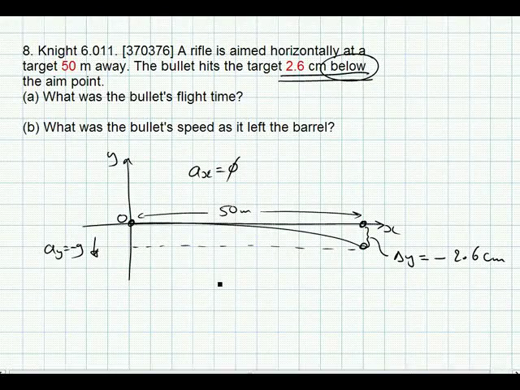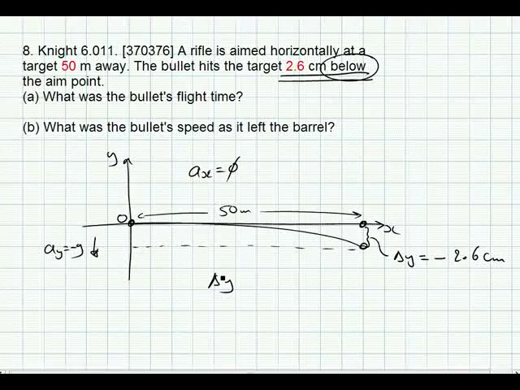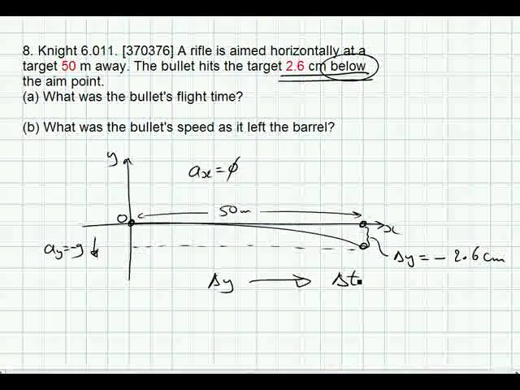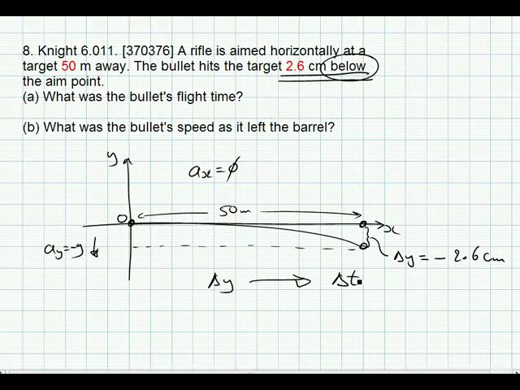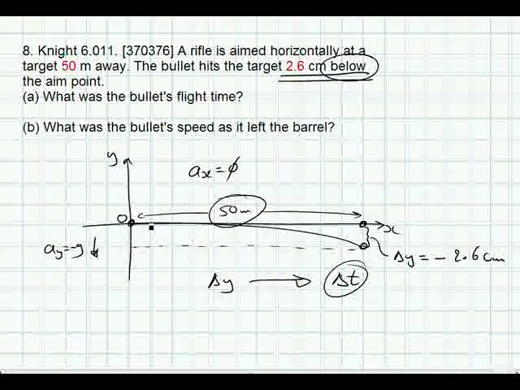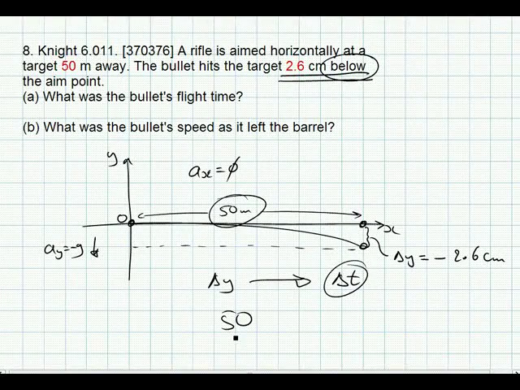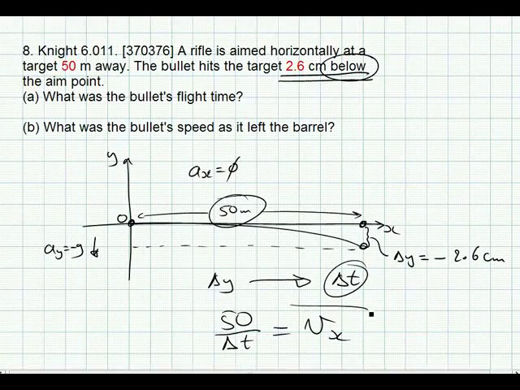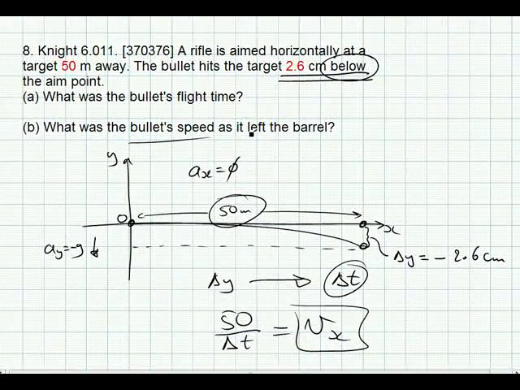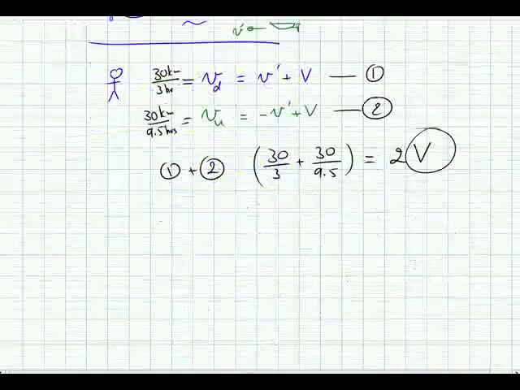So use the kinematic equation for displacement in the y direction to give you delta t, how long the bullet was in flight for, and then use that delta t and the 50 meter information that you have. 50 meters divided by time of flight is equal to your velocity in the x direction. And velocity in the x direction is constant, no acceleration, so you can figure out what the bullet's speed was when it left the barrel of the gun.